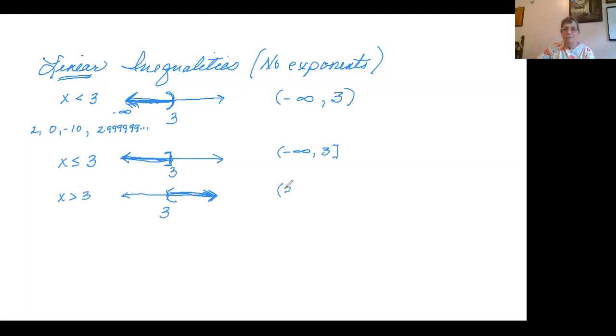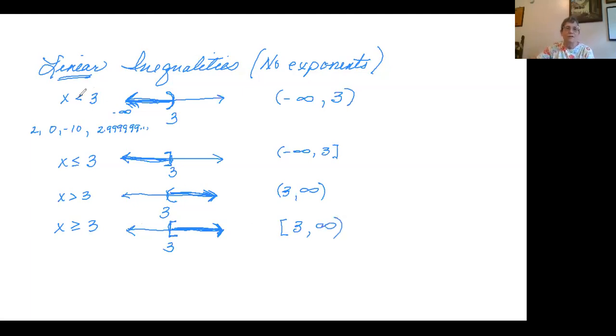So it'd be from 3 to positive infinity, or x is greater than or equal to 3, in which case it would still include the numbers greater than 3, but in this case 3 itself would be an actual answer, and we would use a bracket on the 3.